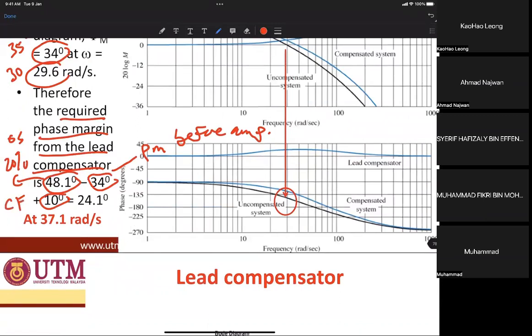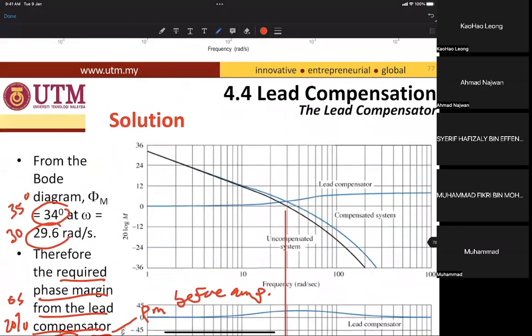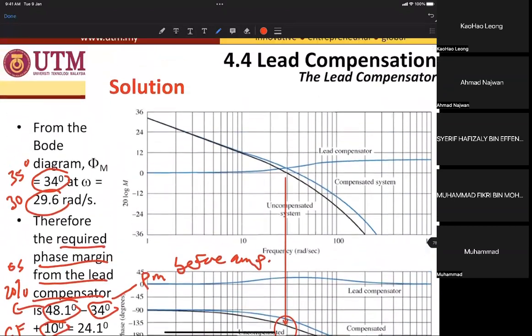So 48 minus 34 plus 10 is about 24.1 degrees. That is the required phase margin: the one based on overshoot, minus the phase margin before compensation, plus the correction factor. So targeted is 24 degrees, and this 24 degrees is actually at 37.1.